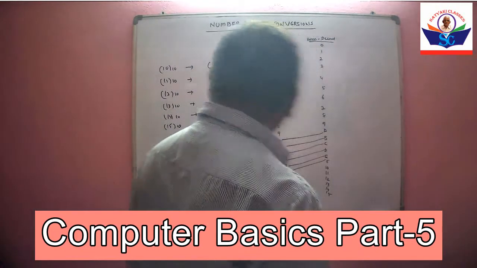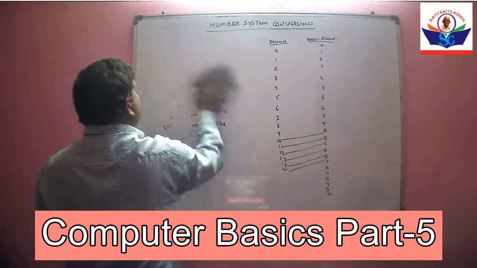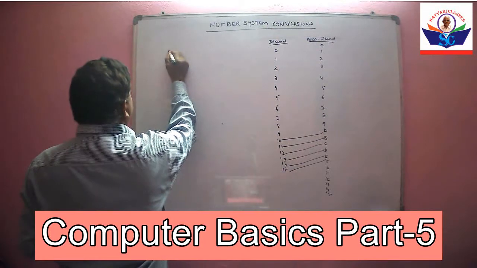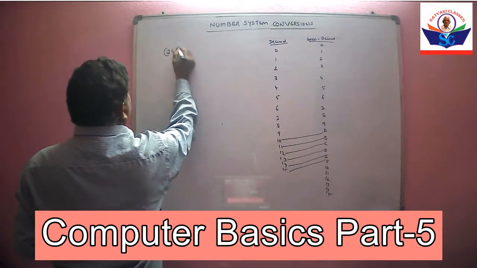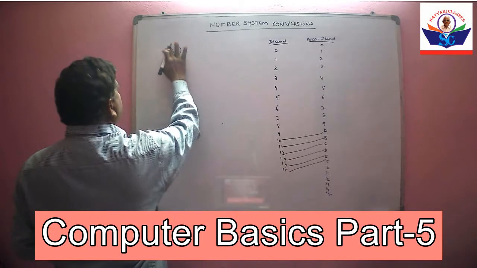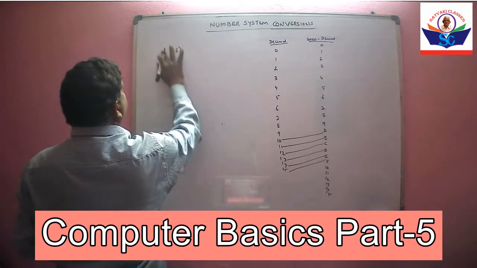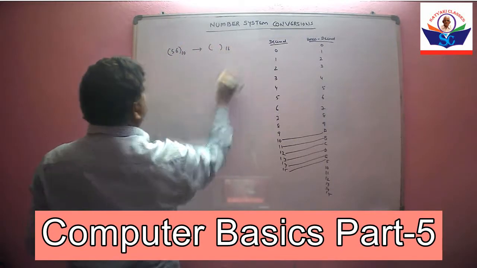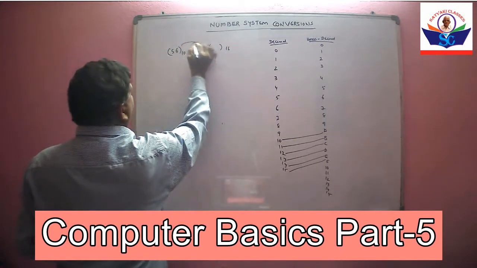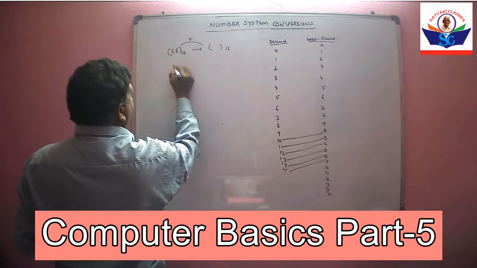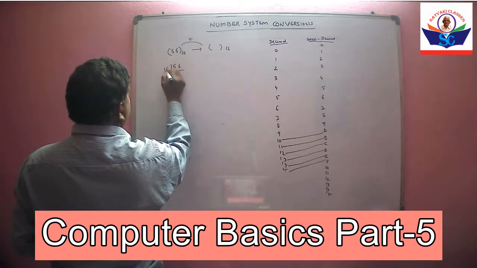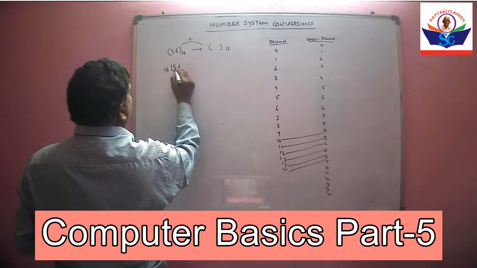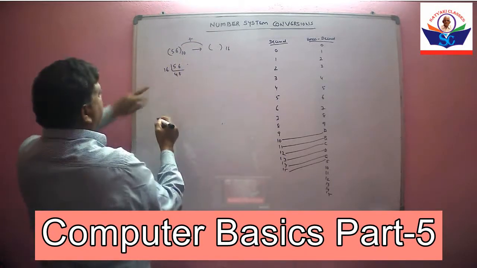Now, there is a number 56 in decimal. What is the equivalent in hexadecimal? What to do? We have to divide by 16. 56 divided by 16: 16 threes are 48.